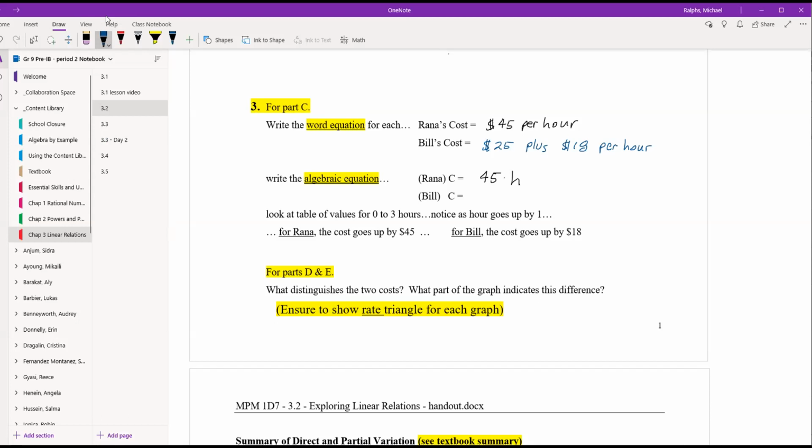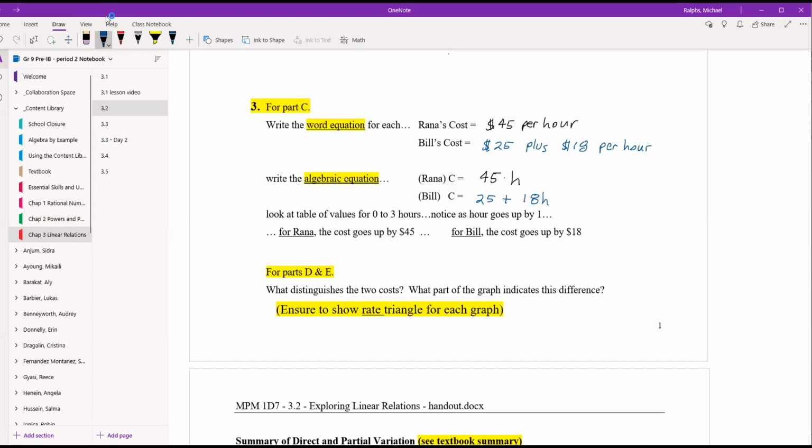And then for Bill, well, he starts off with $25, so he's got the service charge, $25, plus an additional $18 per hour. So $18 multiplied by the number of hours he works, that would be the 18h.